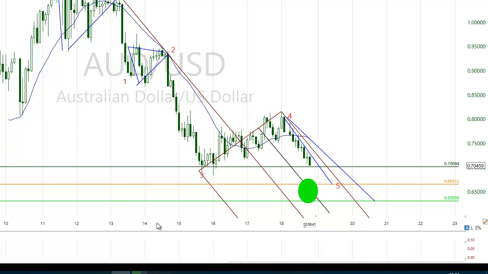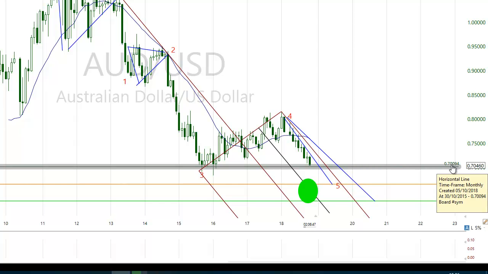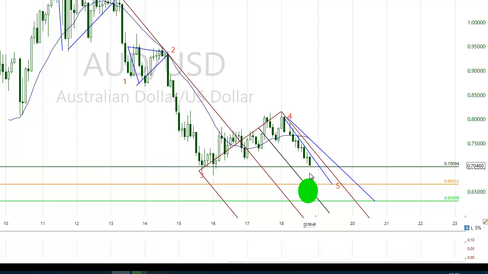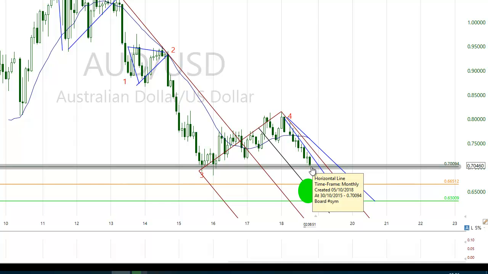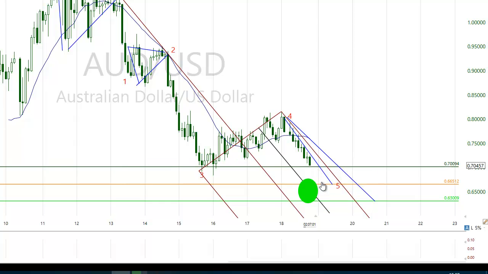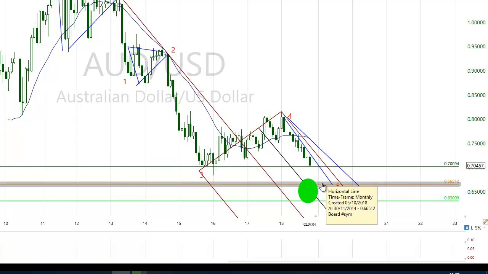So at this point in time, what can we say to traders? We'll say to traders, priority to bull signal above 0.709. That's where we are coming to now. Priority to bear signal below 0.709. So if you break below it and find a resistance, one should give priority to bear signal up to 0.6651.